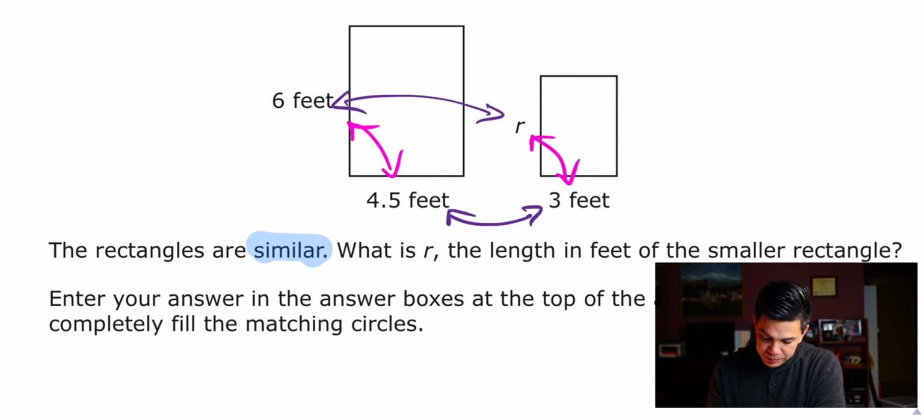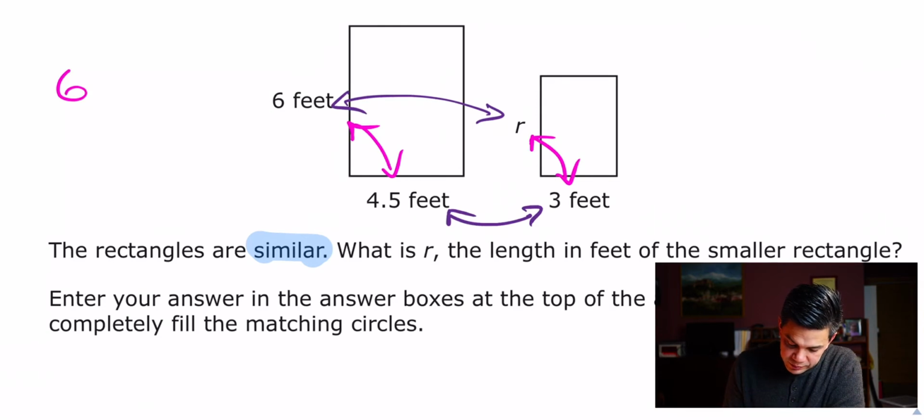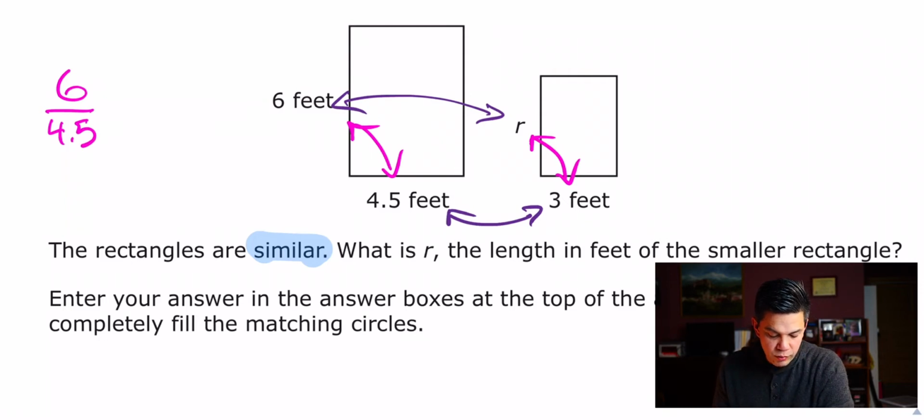All right, let's just go within the triangle because that's not as obvious, I think. So let's look at the pink arrows here, the ones on the left. The relationship between this big one and the small one is 6 over 1.5.